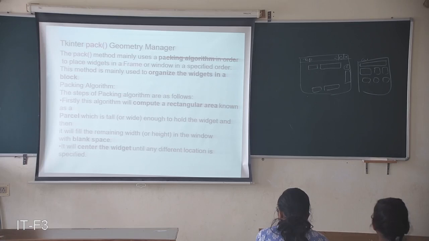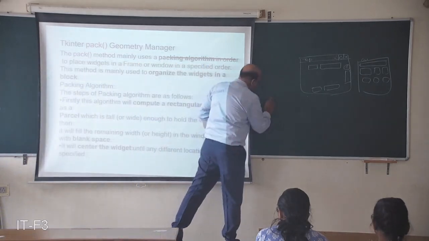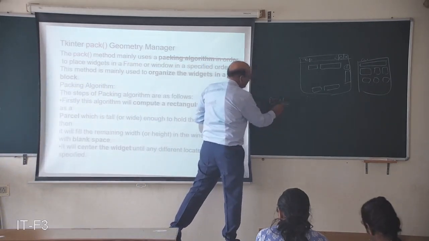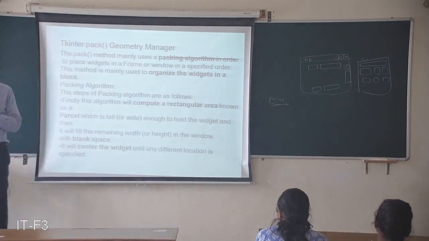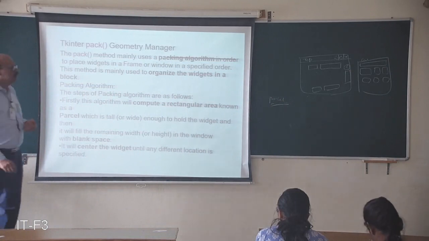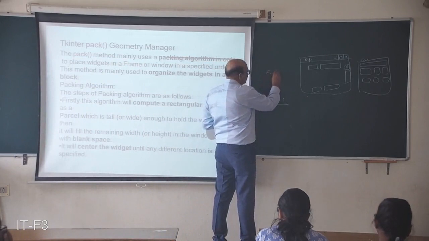So first of all, before we actually discuss pack, you need to know about this word parcel. So what is this parcel? Every GUI widget will require a default space on the container. For example, if you take entry, what is this entry?